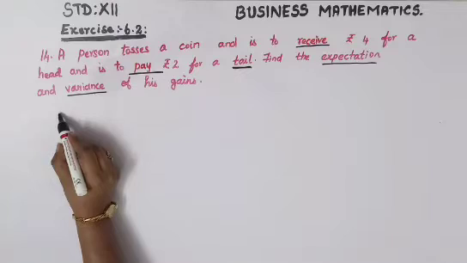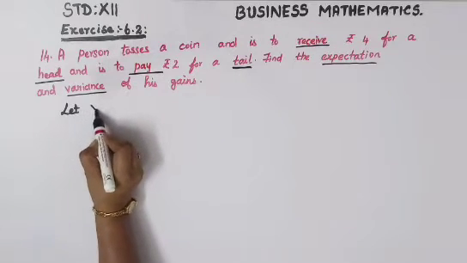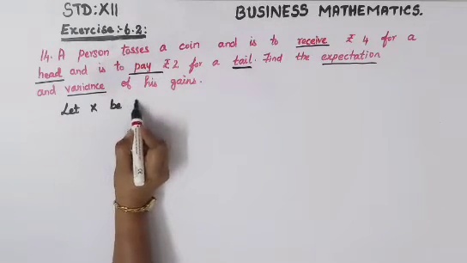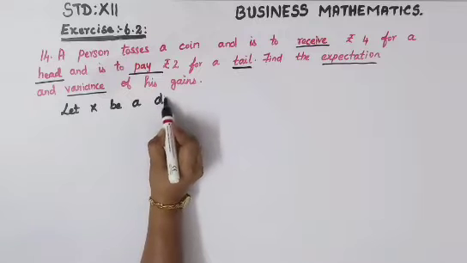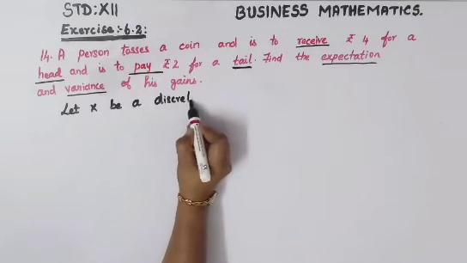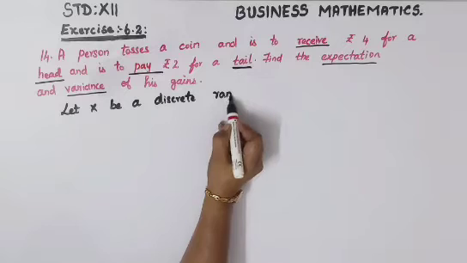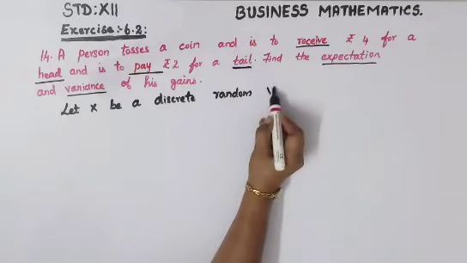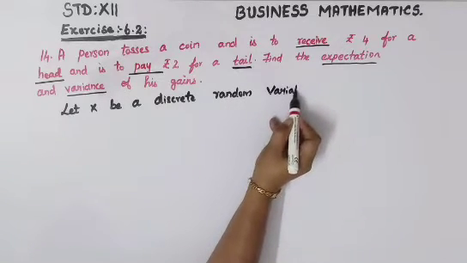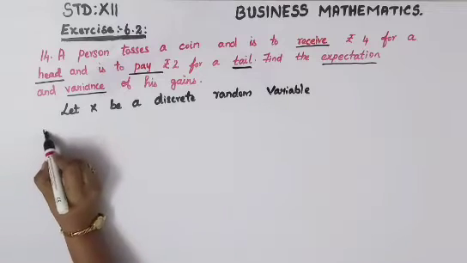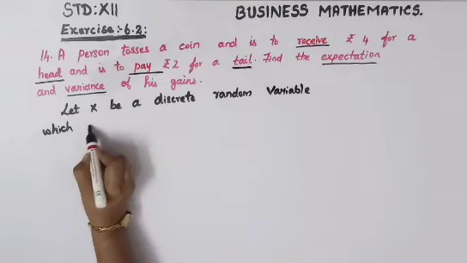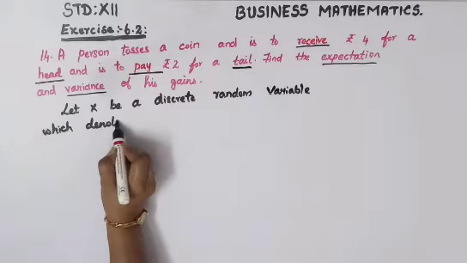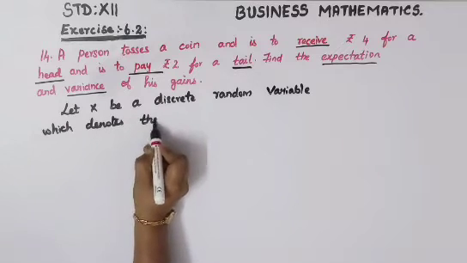So first we will just declare, let x be a discrete random variable which denotes the gain of the person.